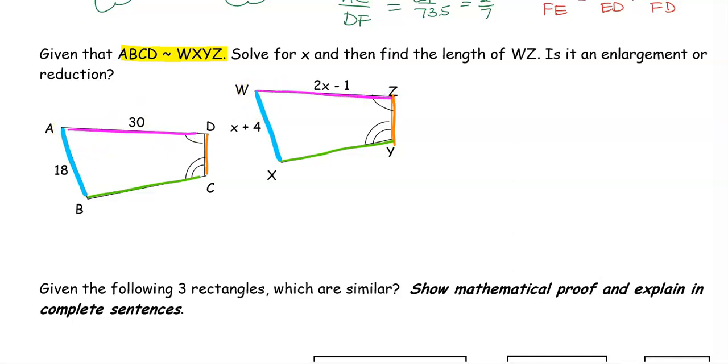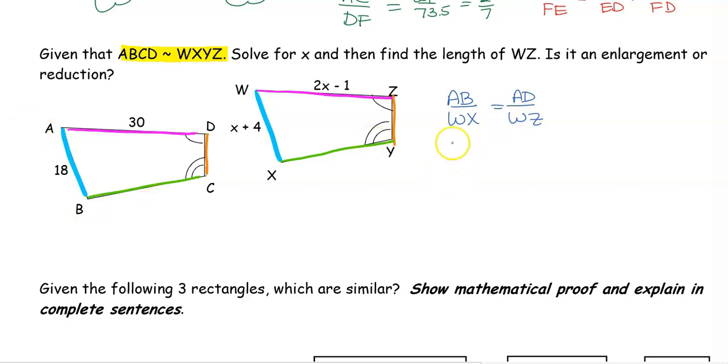I'm going to use the fact that they are proportional. So AB is corresponding to WX. The ratio of those two corresponding sides has to be equal to the ratio of all the other sides. Well, BC we don't know anything, XY we don't know anything, so we don't have to write that out. DC we don't know, YZ we don't know. But I do also know that AD is corresponding to WZ.